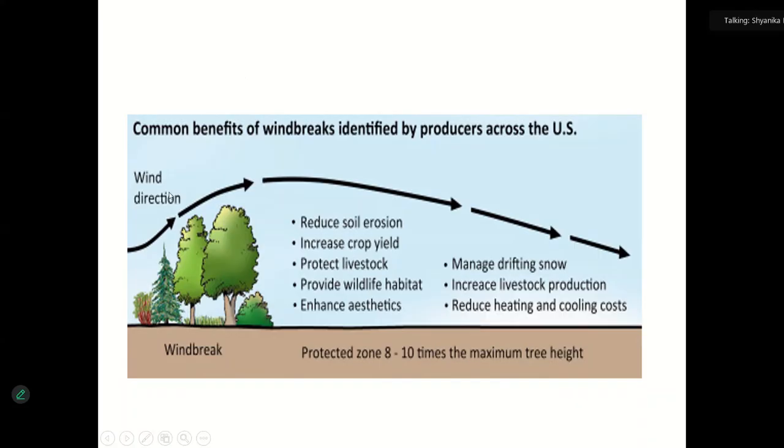The wind is filtered and the amount going through these farmlands is very low. The speed of the wind is also reduced because it is blocked by the tree windbreak. Tree lines always act as a physical block, so it reduces the wind speed.